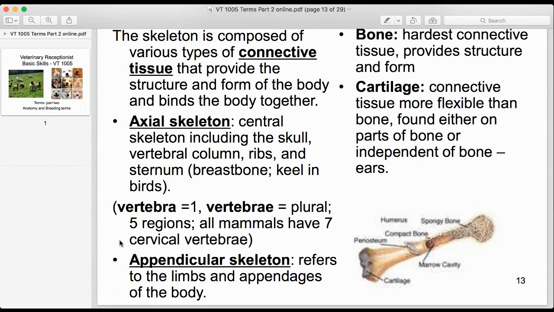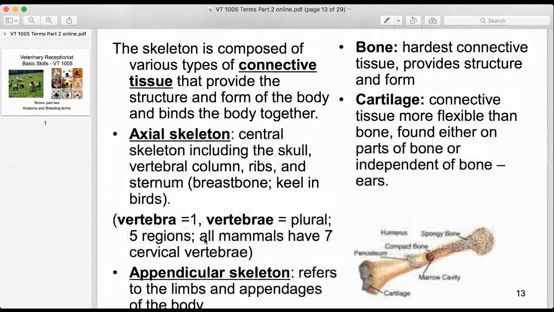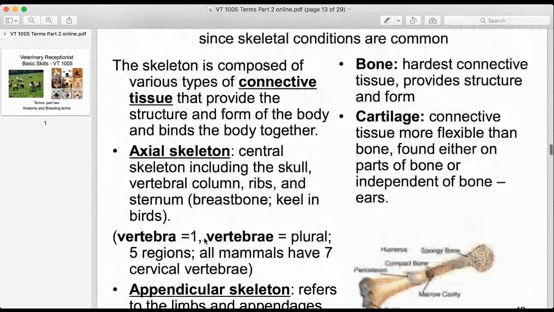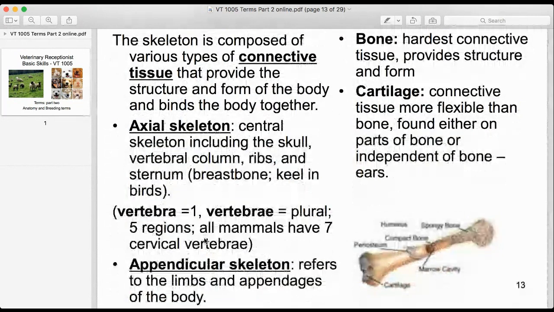The appendicular skeleton, this refers, if you think of something appending, you're adding it to the other part. So appendicular refers to the limbs and all the appendages. And the other parts that are involved in our skeletal system to give the form and some of the connection area.